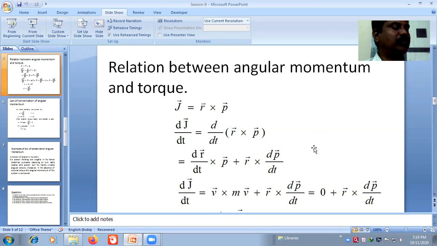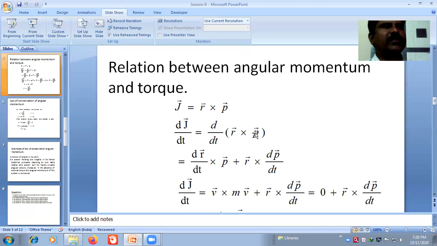Let r be the position vector of the particle, then the angular momentum of the particle is given by J equals r cross p, where p is the linear momentum, p equals m times v. So here I have written J equals r cross p.